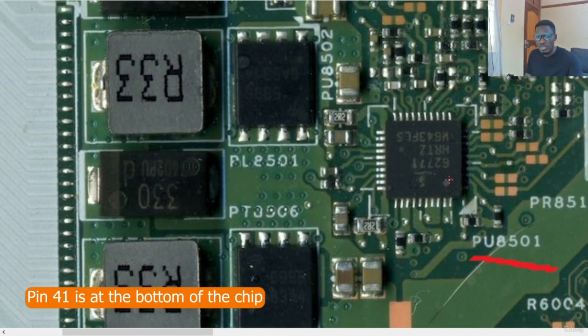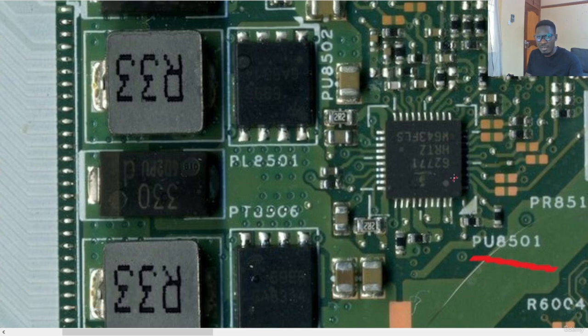Now what I want to let you know is that the pins on these chips are counted in this direction. I don't know if this is clockwise or anti-clockwise, right? So you count going like this. So this is pin 1, pin 2, pin 3, pin 10, 11, 20, 21, 30, 31, 40.